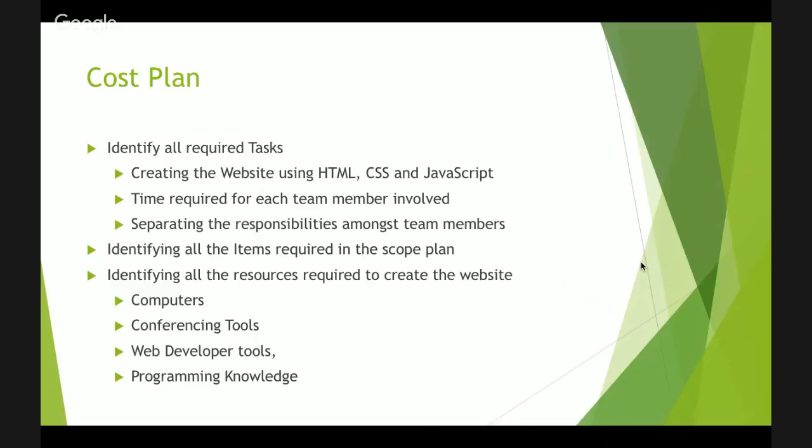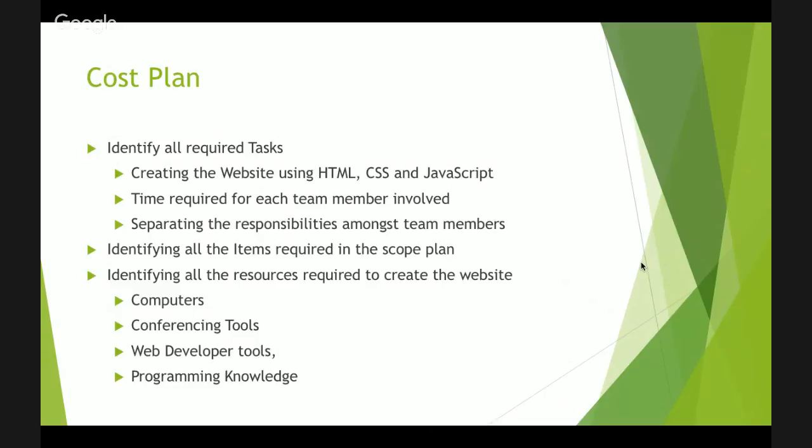Also identifying all the items required in the scope plan, as mentioned earlier, and then identifying all the resources required to create the website, such as the computers, the conferencing tools, the web development tools, and of course the programming knowledge.